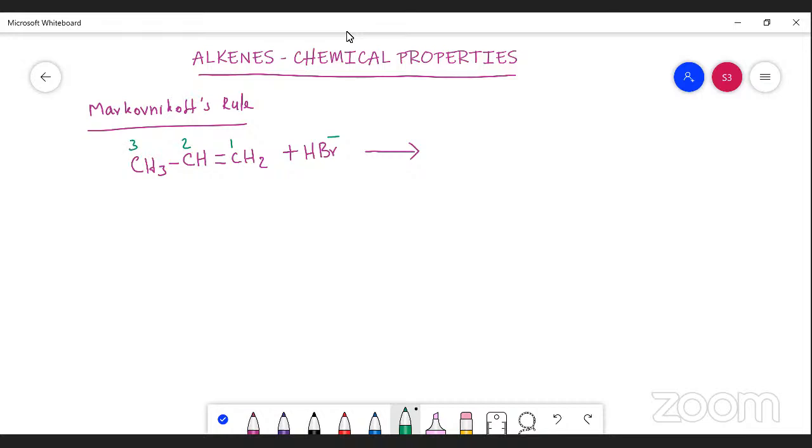Among 1, 2, and 3, which one has the least number of hydrogens? The second carbon has the least number of hydrogens. It contains only 1 hydrogen. Now, what will happen? Among HBr, which one is the negative part?